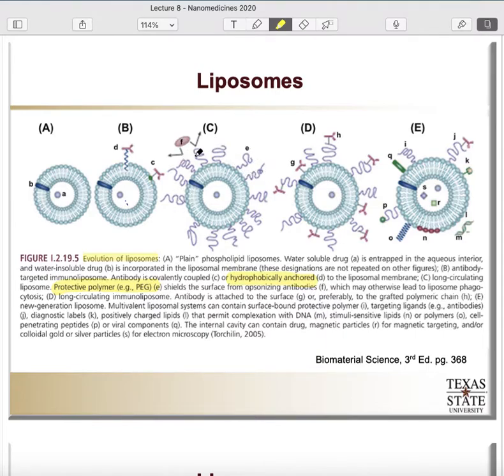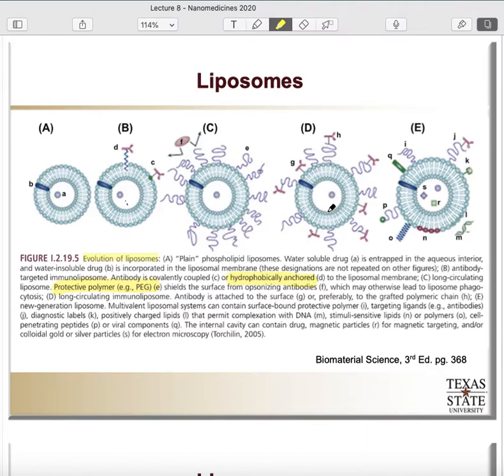And so what you end up forming is a hydrophilic shield that would prevent proteins from adsorbing to that surface, thereby increasing the circulation time of those liposomes in the body. In this particular case, this F represents an opsonin protein, the type of protein that would adsorb onto the liposome, and the polyethylene glycol is there to prevent that. Now, other than polyethylene glycol, we can utilize other hydrophilic polymers, but PEG by far is the most widely used.